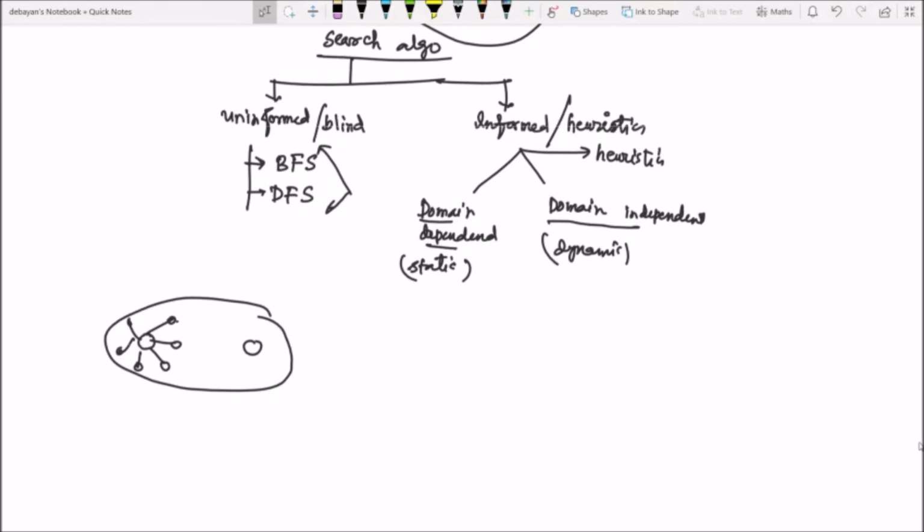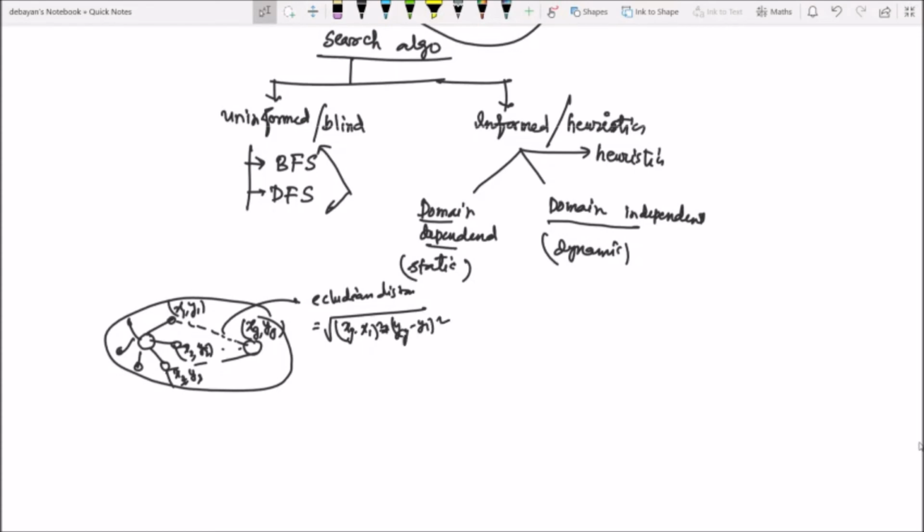It may be possible that you calculate, say this is the coordinate of the goal node, xg yg, this coordinate is x1 y1, that particular node has coordinate x3 y3, and you can find the Euclidean distance, which is nothing but xg minus x1 whole square plus yg minus y1 whole square.